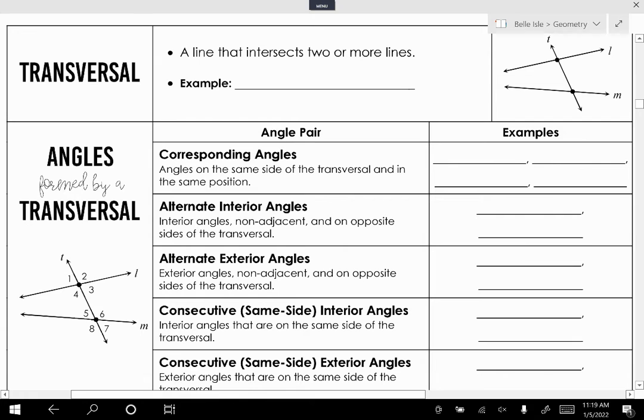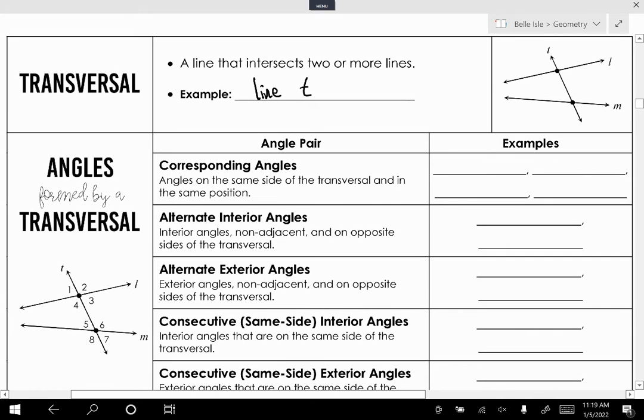So, for example, super fancy and complicated answer, line T. That is a transversal line. So we're going to look at angles that are formed by transversals.